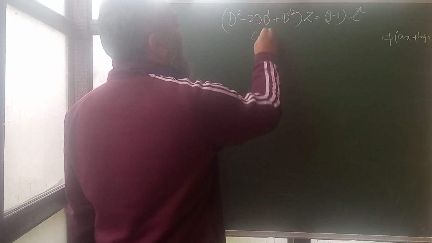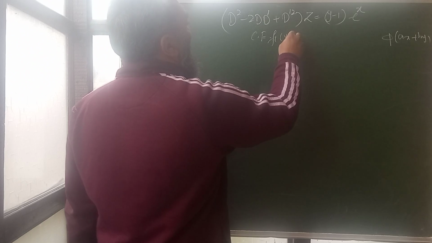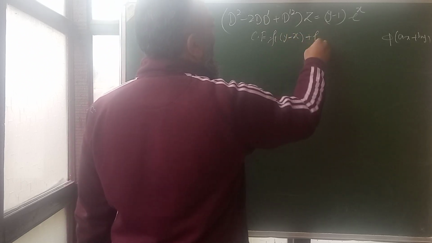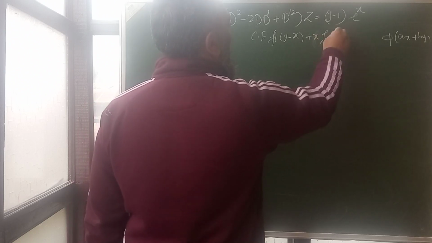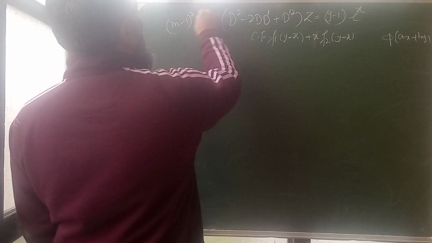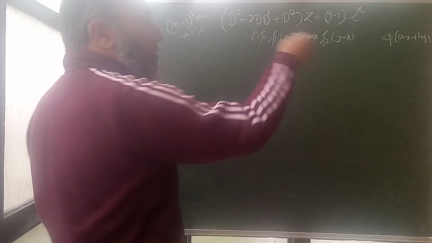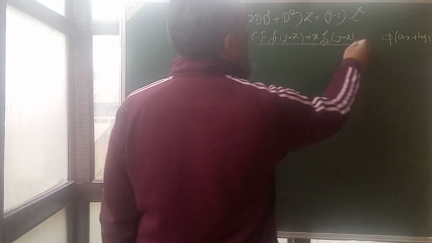So the complementary function is a function of y minus x and another function of y minus x, these are repeated roots, because this is m minus 1 whole squared. m is 1 and 1. This question we have already done. That's why I have not taken it up again.